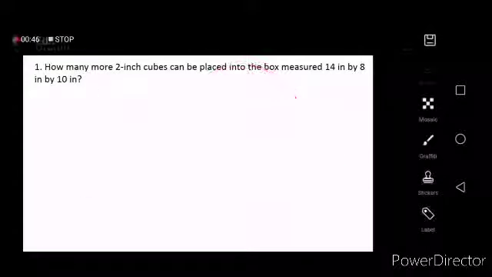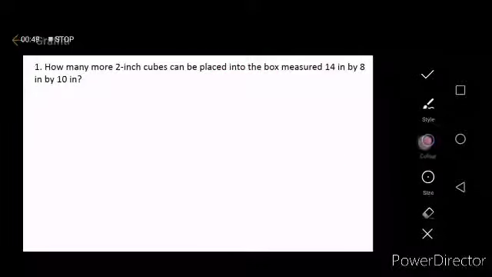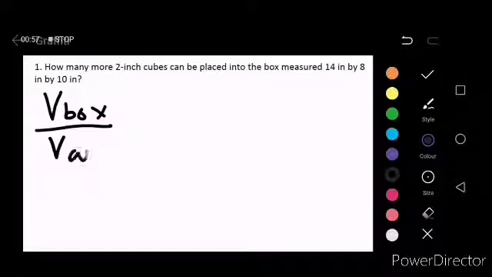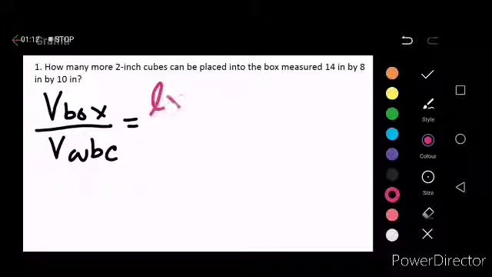Okay, the formula for this will be simple. Why? Because we just need to divide the volume of the box by the volume of the cube. Diba? Kasi gusto nating bilangin kung ilan yung kakasya eh. E di-divide natin yung malaking box sa mga maliliit na cubes. Now, for the volume of the box, the formula will be length times width times height.